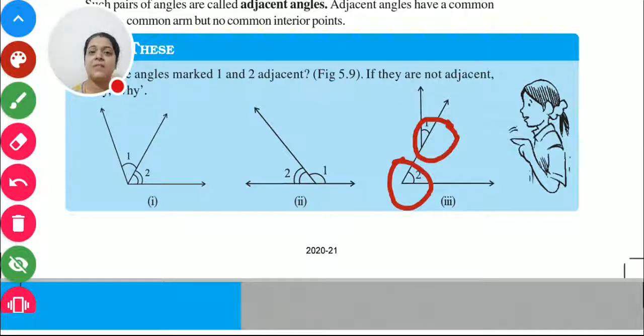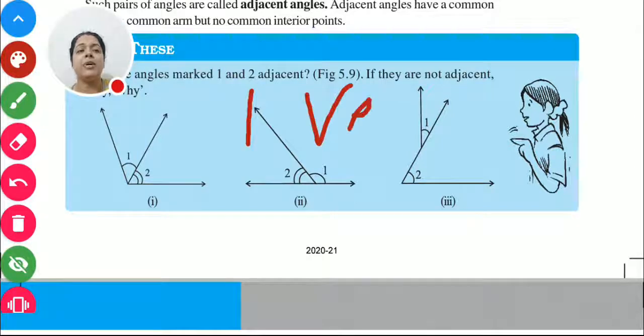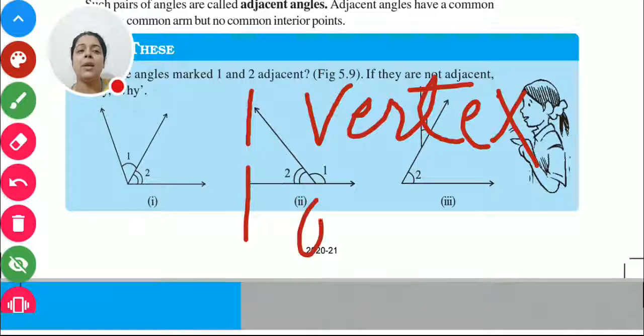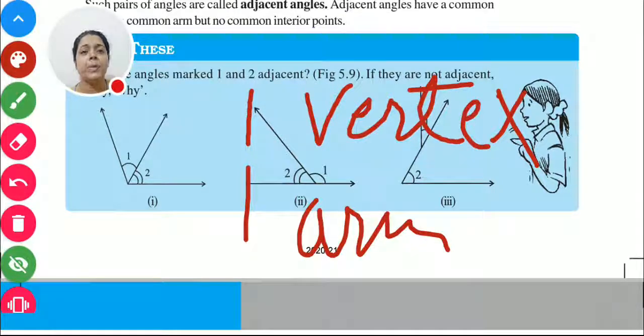So when it is not having the common vertex, it is not an adjacent angle. Remember, adjacent angles have one common vertex and one common arm. Then only we can call it an adjacent angle.